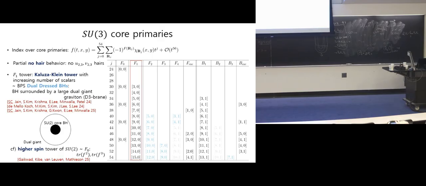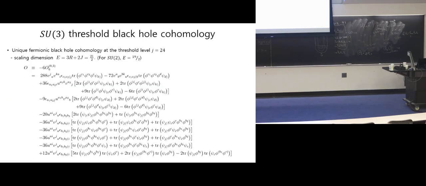And one separate question you can ask is that, basically when we construct these hairy black hole type operators, we only use the threshold operators somehow. And you may ask, can you also construct this SU3 threshold operator? And the answer is yes, this is the SU3 threshold operator if you are curious about the explicit form of such an operator.